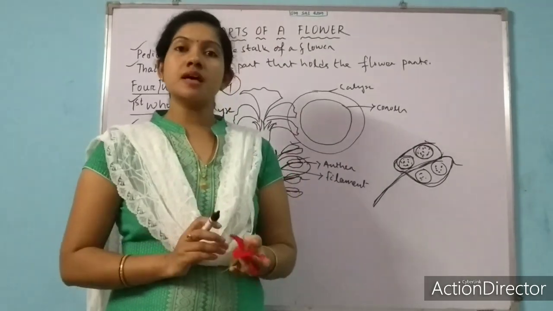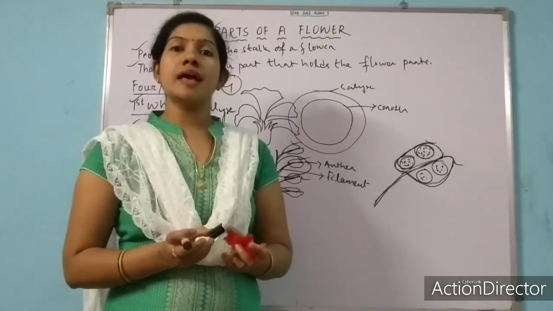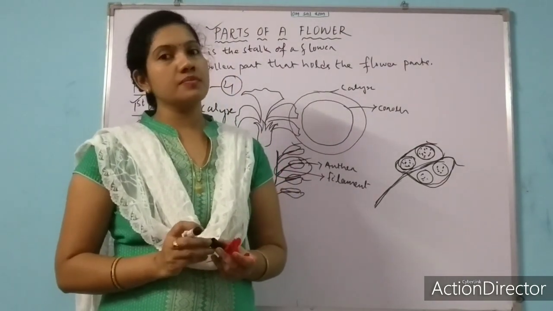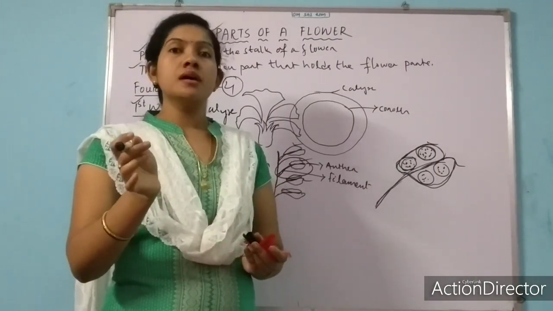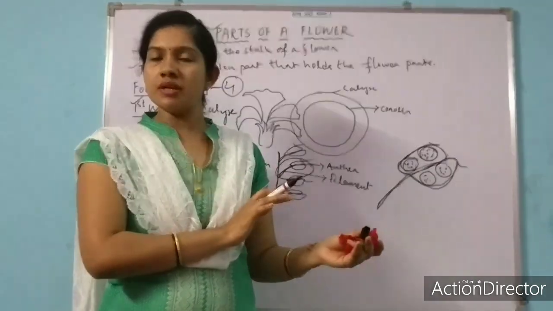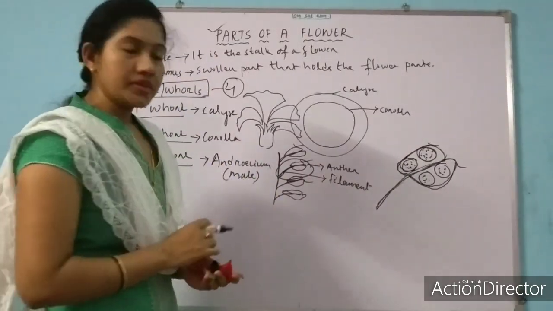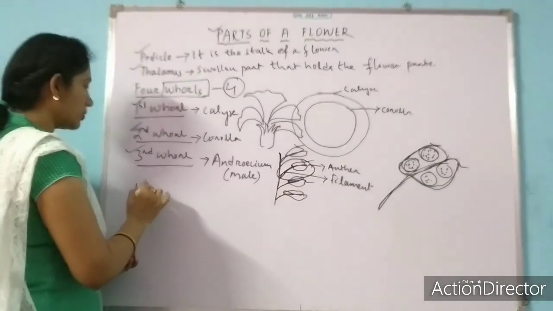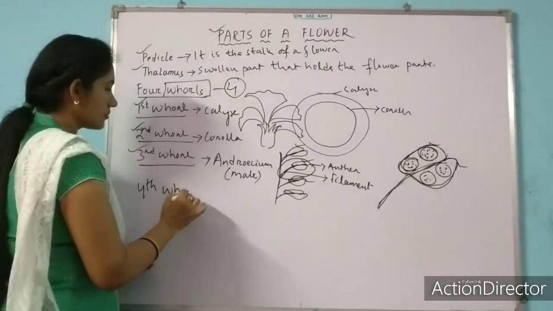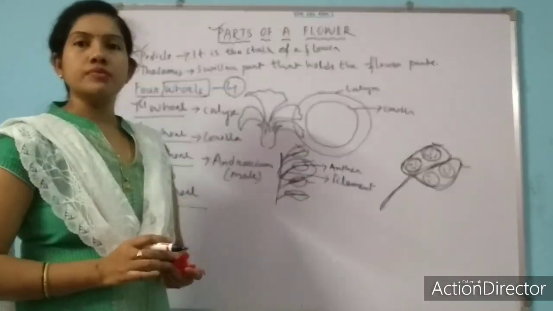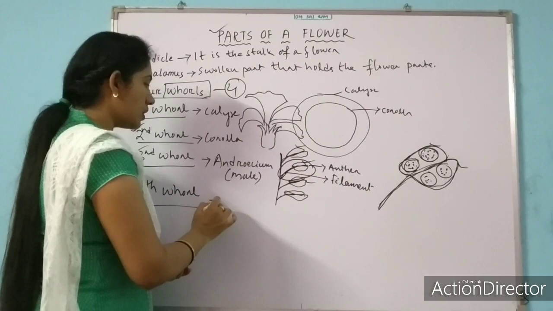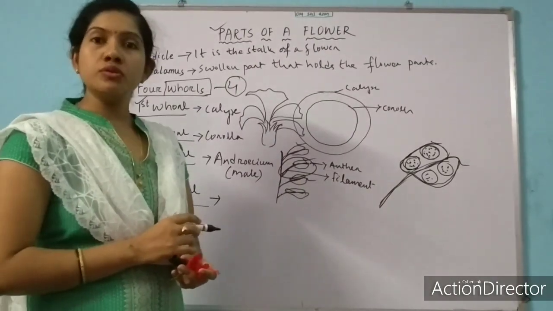Pollen grains are the main things that help in the formation of seed. They will fuse with the female gamete. We will discuss it, and it will form seed. So this is the third whorl of a flower. Now let's talk about the fourth whorl. The fourth whorl of a flower is known as gynoecium.